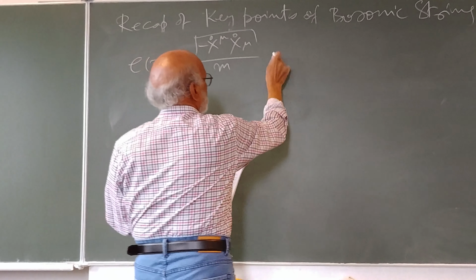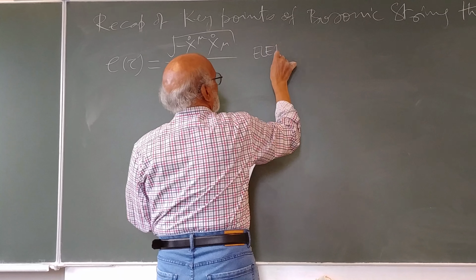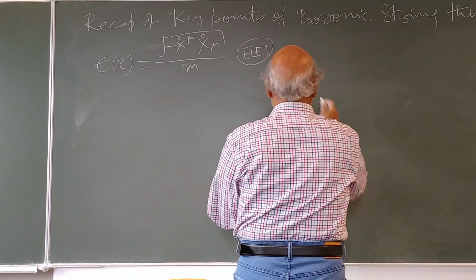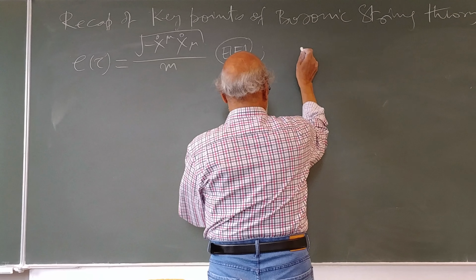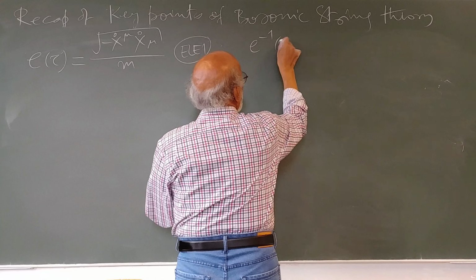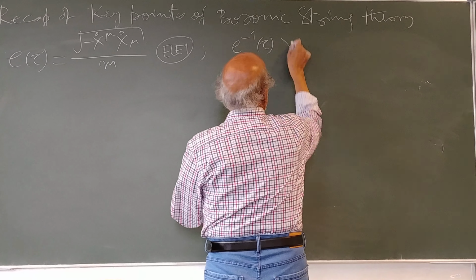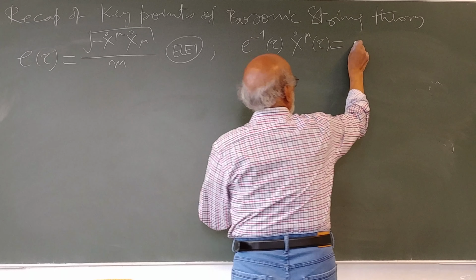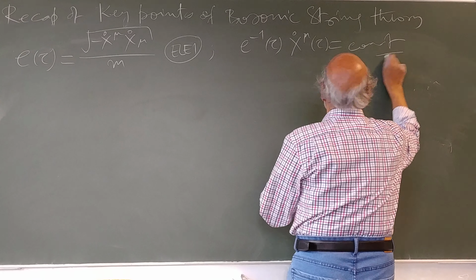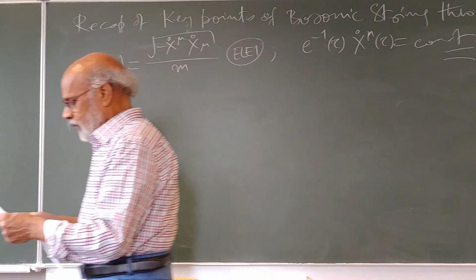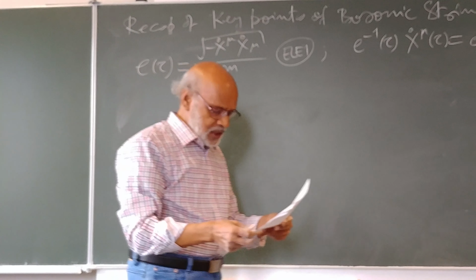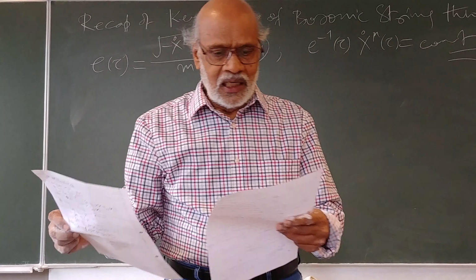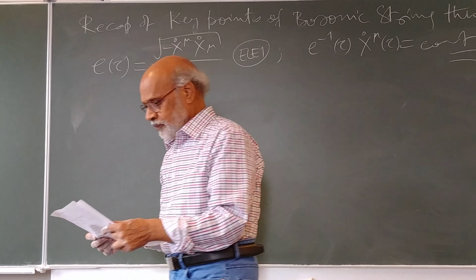This is one Euler-Lagrange equation, and the other one is e inverse of tau times x mu dot of tau equal to 1. So these are the two equations that you would obtain by the variation.